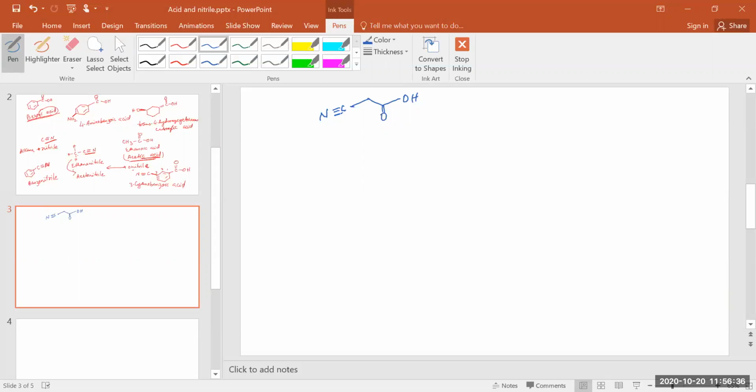But here, this carbon belongs to the cyano as a functional group. So here it will be 1, 2, at 2 this functional group is present. So this will be called 2-cyano acetic acid. This carbon you don't count. You cannot say this one as 3-cyano propionic acid. No, it is not propionic acid anymore. This cyano C is a part of the functional group.